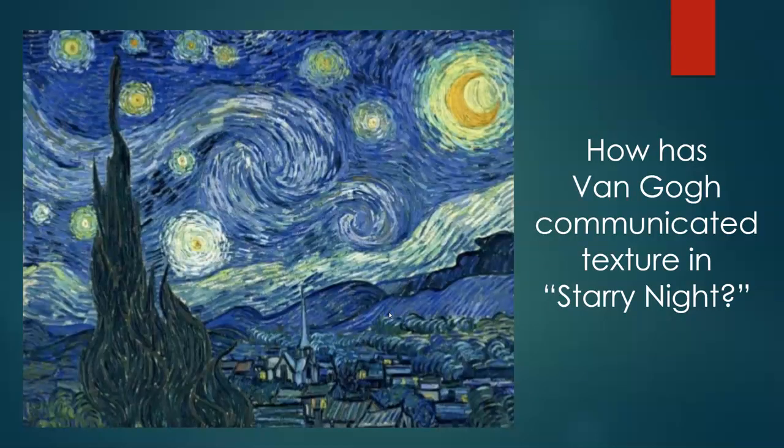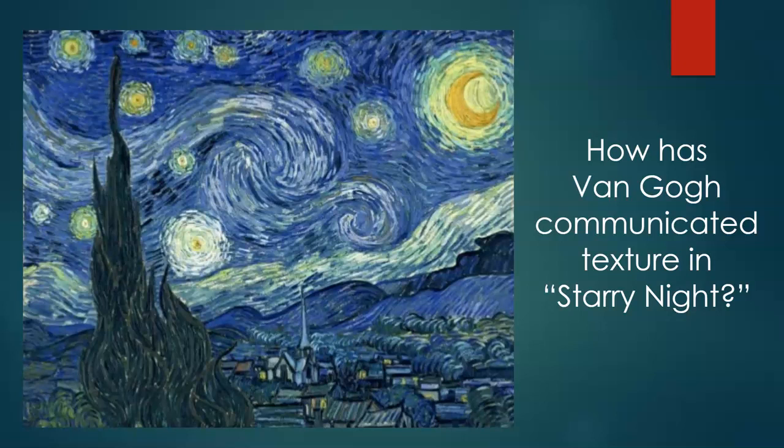So I'd like you to take a moment to evaluate, to soak in the genius of Vincent van Gogh and this painting that most people are familiar with, Starry Night. Vincent has done something at the time that he created this that was very innovative.